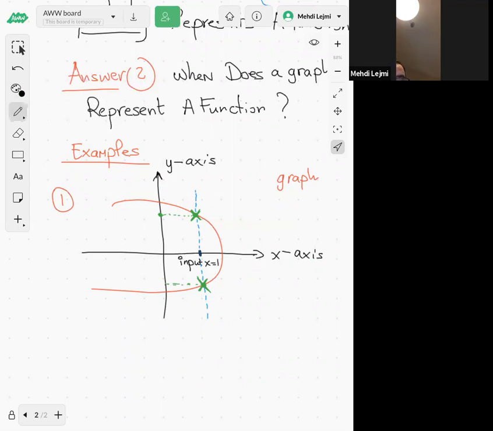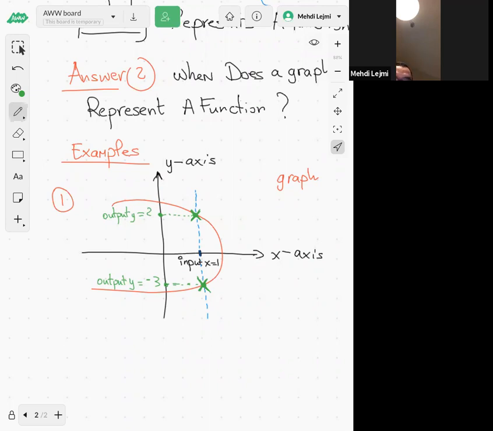Then the corresponding output y is, let's say, 2, for example, and this output y here is, let's say, -3, for example. Just taking examples here. So you can see if my input x is 1, I got 2 possible outputs, 2 and -3, right?